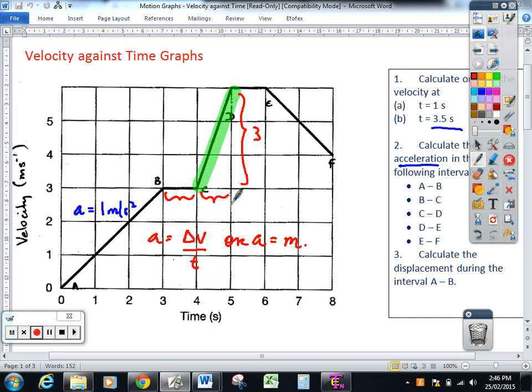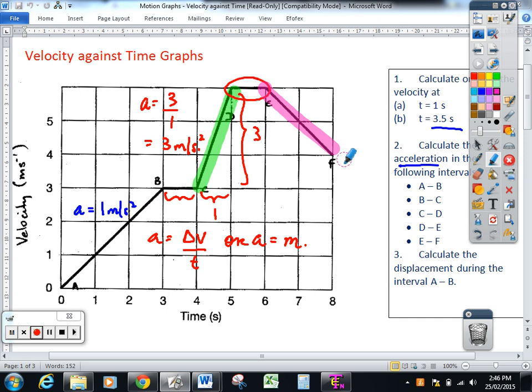What's the horizontal run? So what must the acceleration be in this section equal? It's 3 on 1, and it's 3 metres per second squared. Okay. As we pass, this is horizontal, so what must the acceleration up there be? 0.